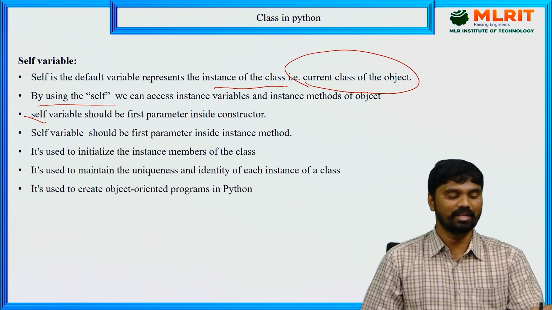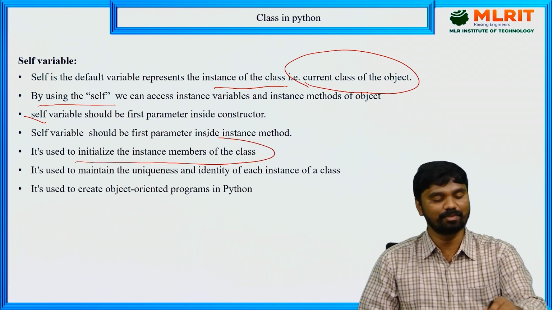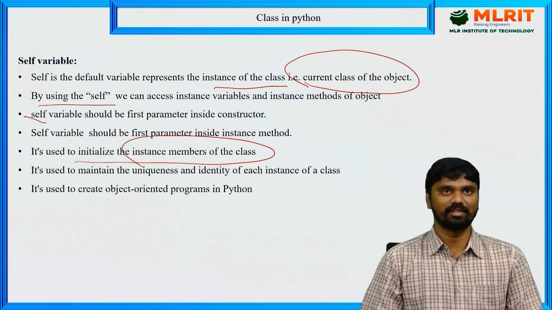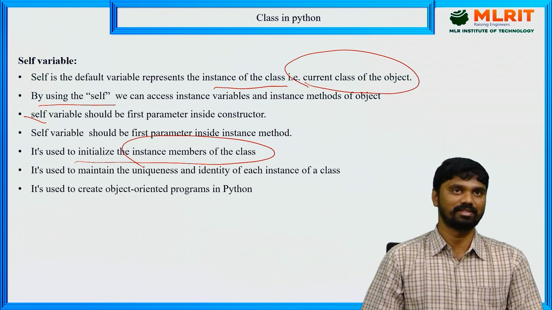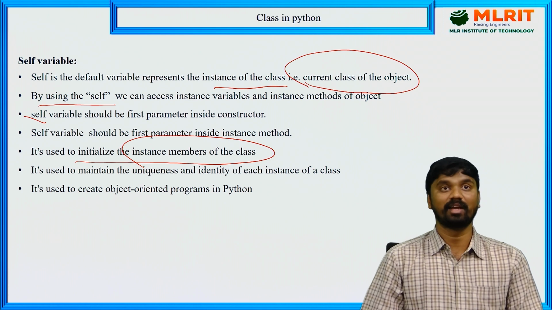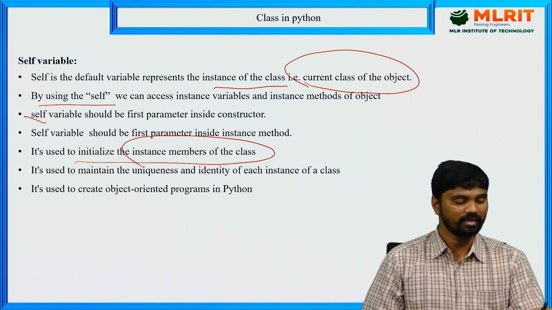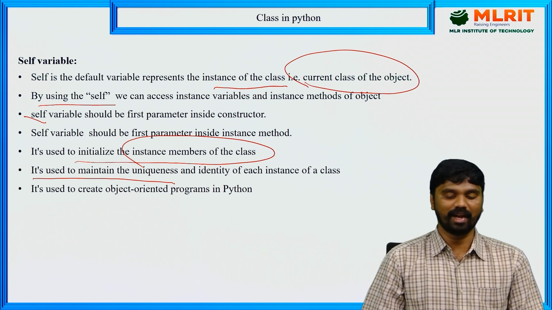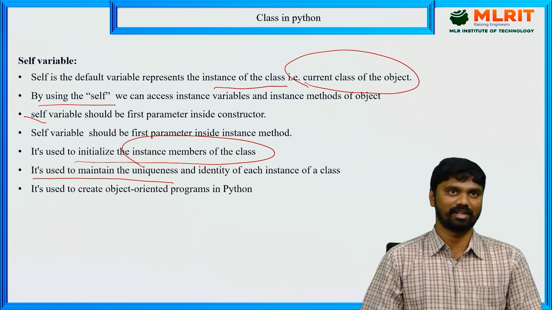Next, it is used to initialize the instance members of the class. Instance members means an instance variable, an instance method, and we can also say constructors. Next, it is used to maintain the uniqueness and identity of each instance of a class.